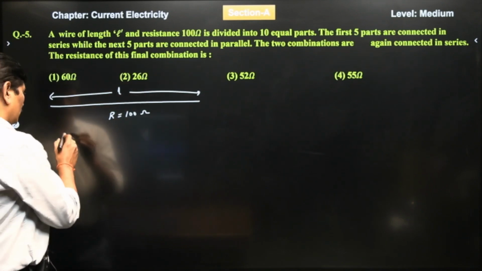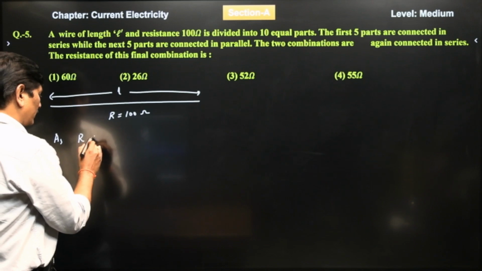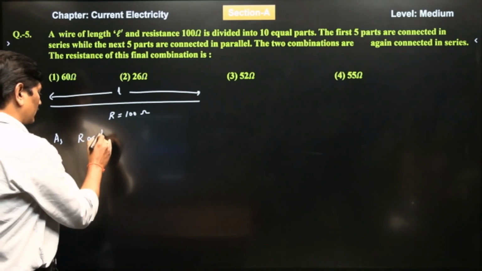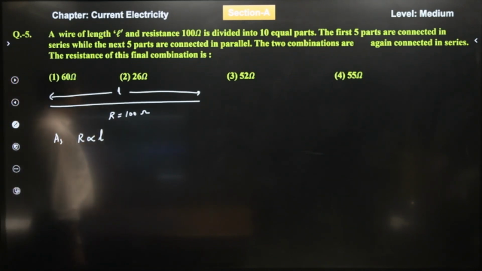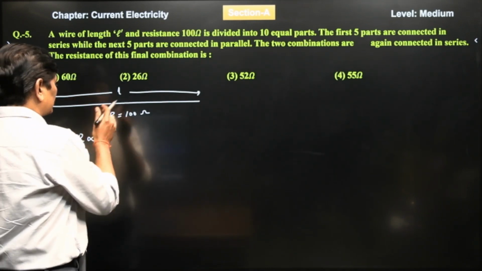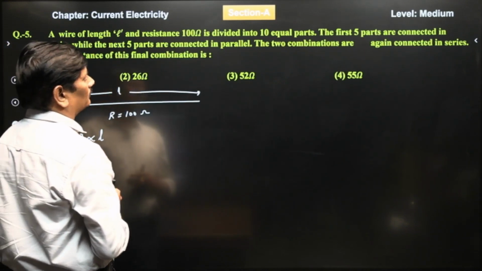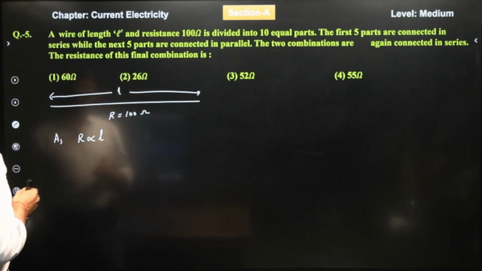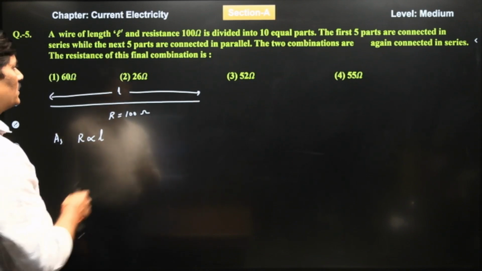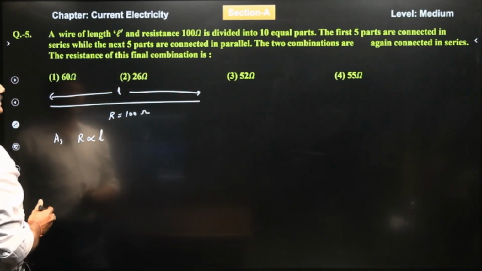As the resistance of any straight conductor is directly proportional to its length, we know that R is proportional to L. When it is cut, its resistance for each part decreases. Ten parts are there, in which 5 parts are in series.